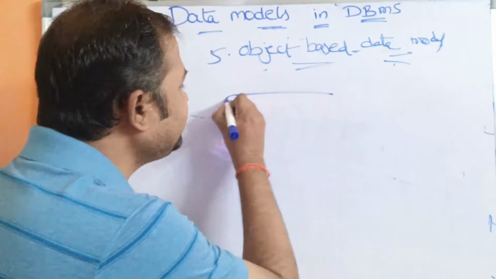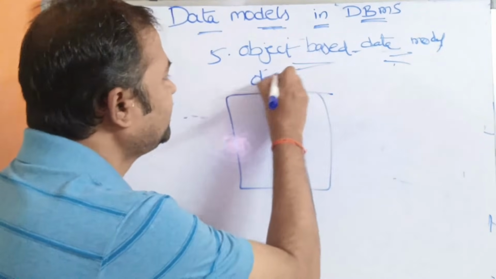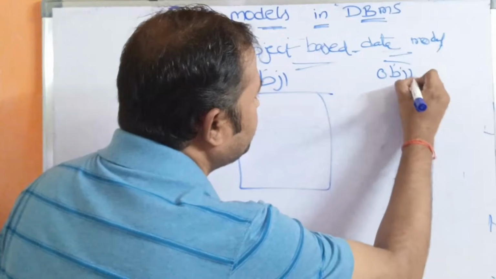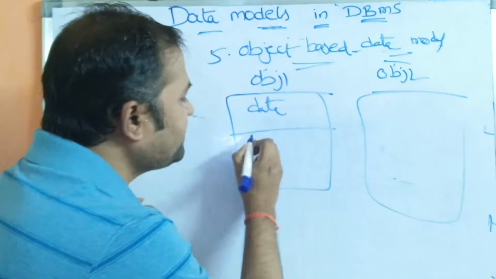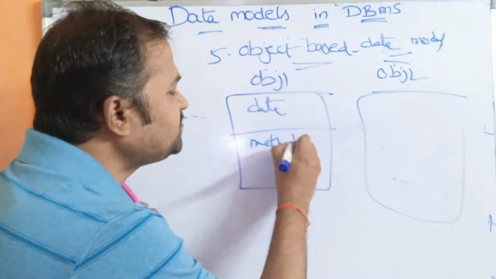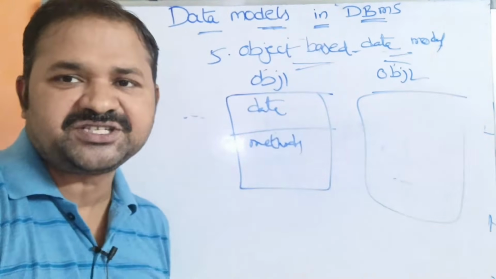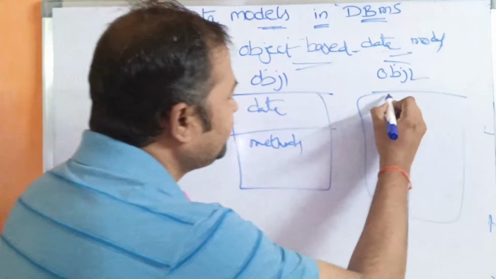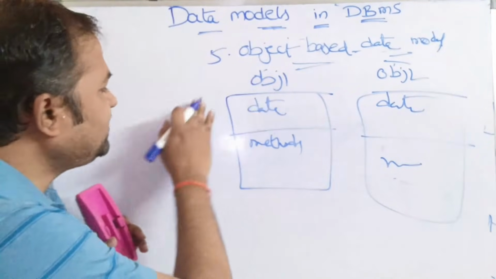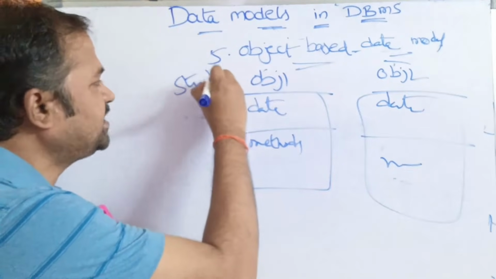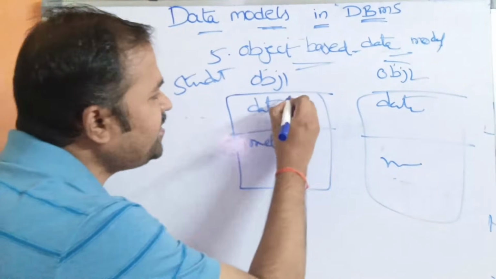Let this be object 1, let this be object 2. Every object will have data as well as methods. Methods are useful in order to perform operations on the data. Let the first object be the student object. What is the data of the student object?